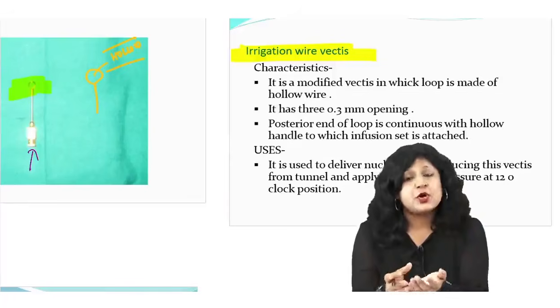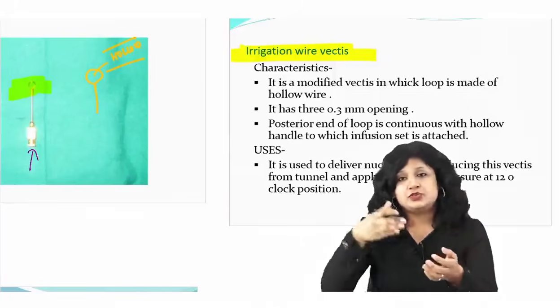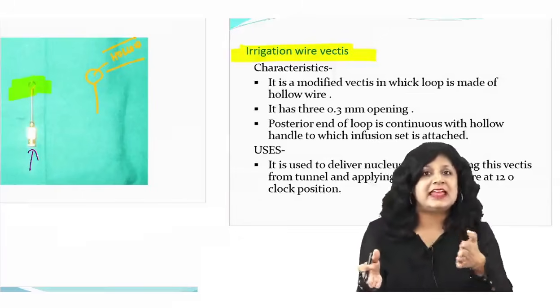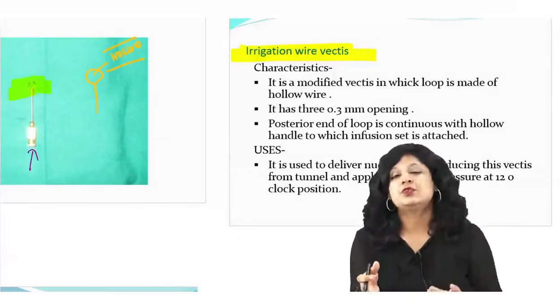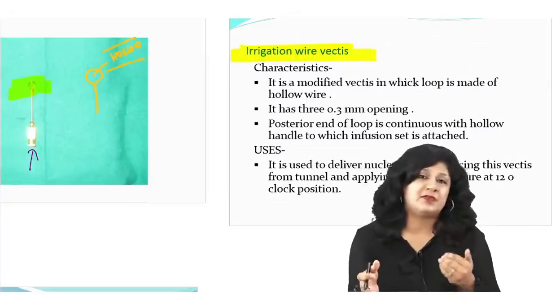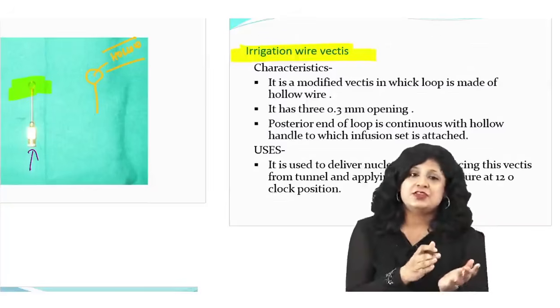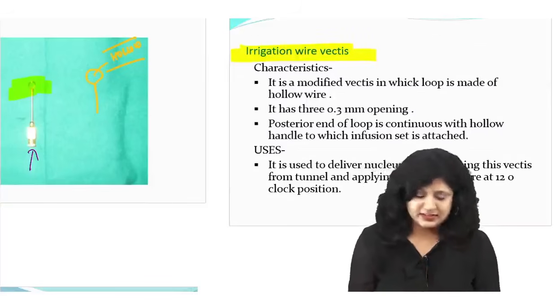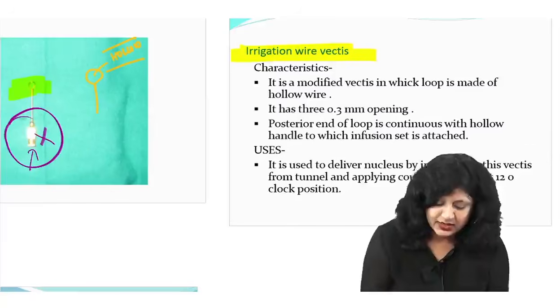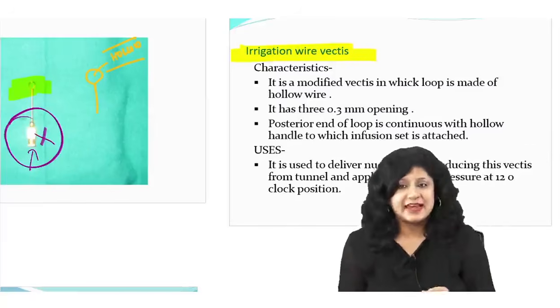Sometimes the nucleus also has to be separated into the epinucleus and the endonucleus. So if that is the case, we can use this irrigating wire vectis. Otherwise, we can use the normal one which does not have irrigation, which will not have this portion and will have just a plain handle.